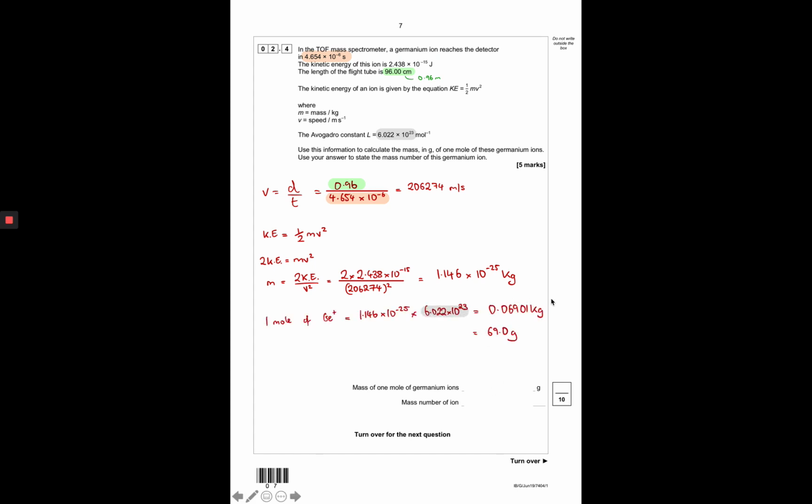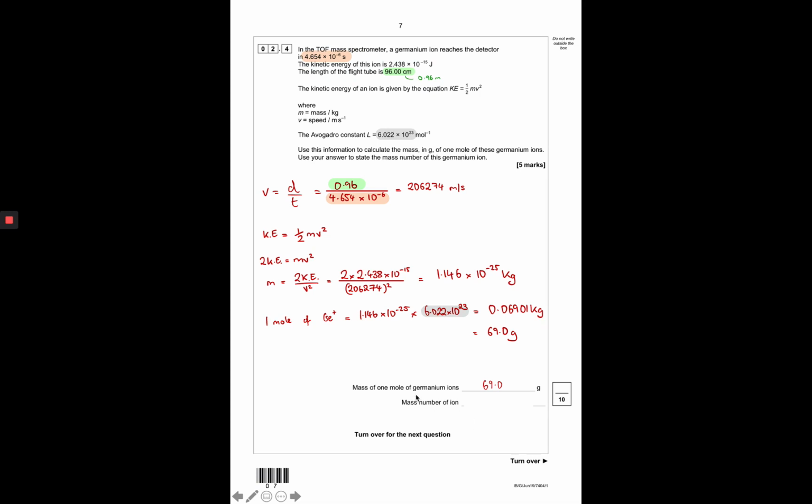We get a value which, again, is in kilograms. We need to convert it to grams because the unit in the final answer at the bottom is grams. So we have our mass of 1 mole of germanium ions.